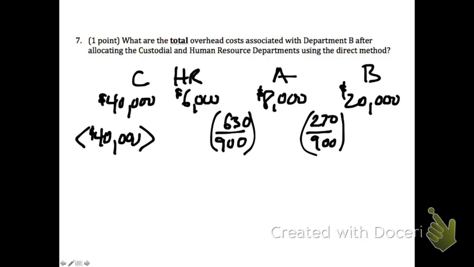The amount of the custodial cost allocated to Department B is 12,000, and the remainder is allocated to Department A, so this is 28,000.